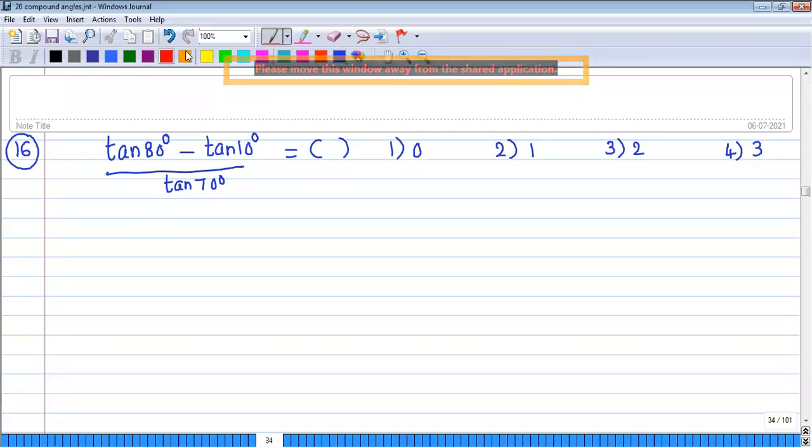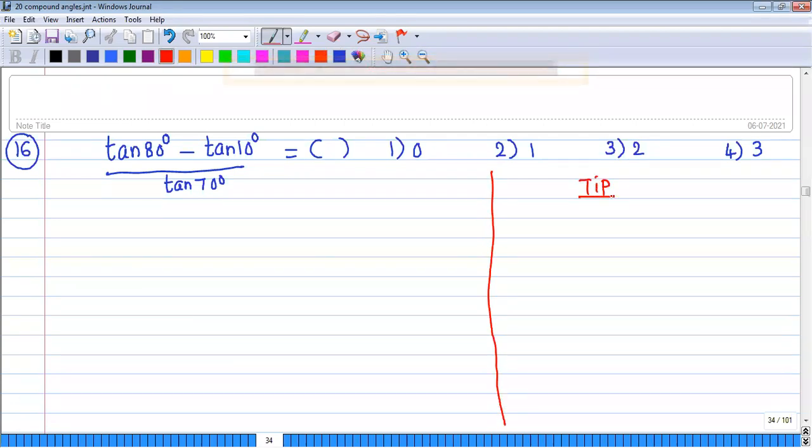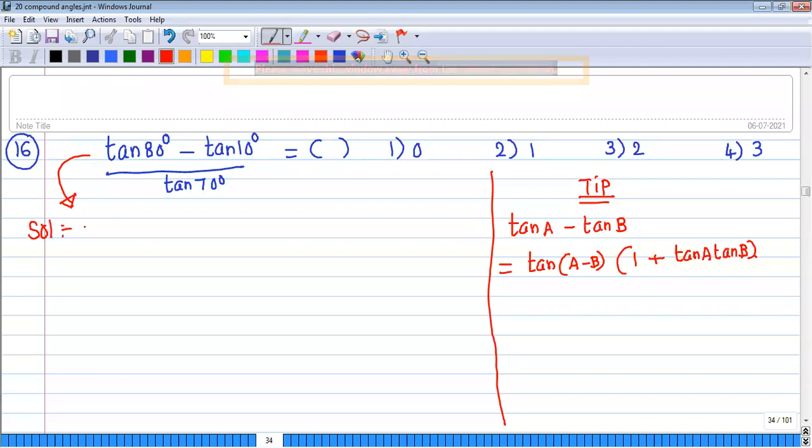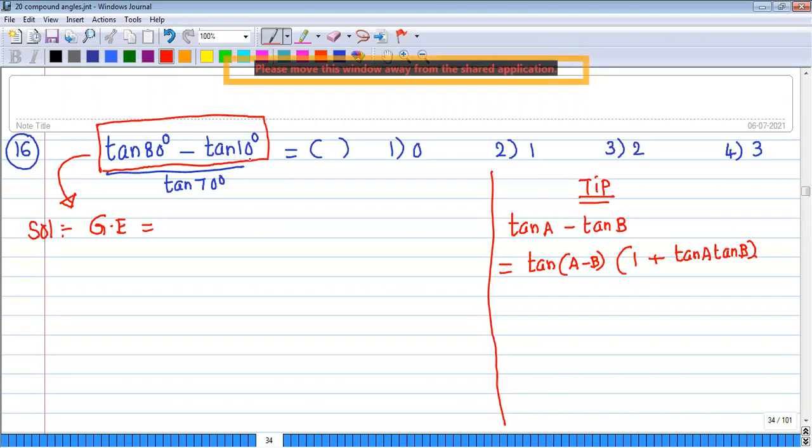Here I already told you one shortcut tip for MCQs. The numerator is in the form of tan A minus tan B. So tan A minus tan B equals tan of A minus B multiplied with 1 plus tan A tan B. So instead of tan 80 degrees minus tan 10 degrees, A is 80, B is 10.